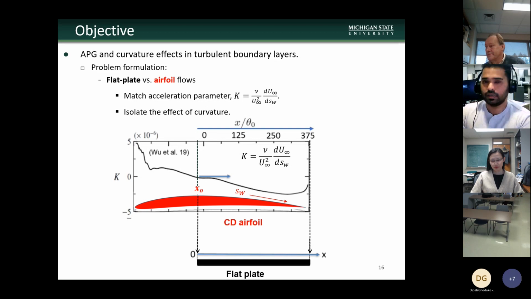So, reiterating my methodology here, we have this airfoil data, that is, boundary layer data going from leading edge towards trailing edge, boundary layer development as done by Howe. Now our focus is on fully developed turbulent boundary layer with pressure gradients, right?